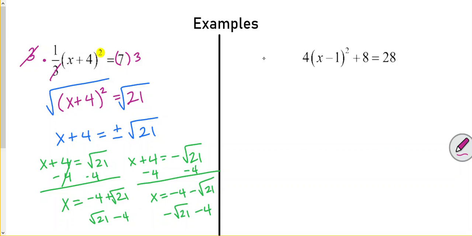Alright, last example. Again, we need to start by getting our exponent by itself. In this case, we have two things we need to get rid of. So we're going to first start by subtracting the 8. So now that leaves me with 4 times parentheses x minus 1 squared is equal to 20. Then I need to divide each side by 4.